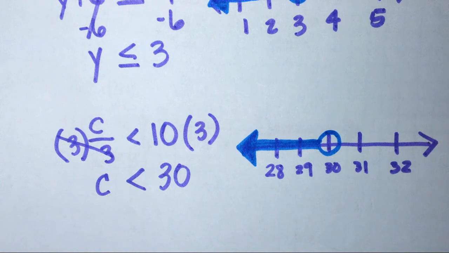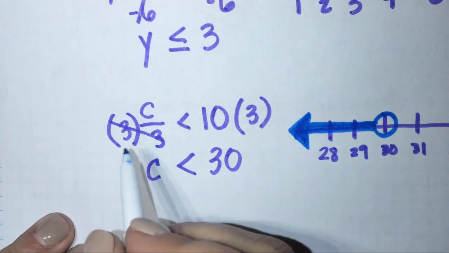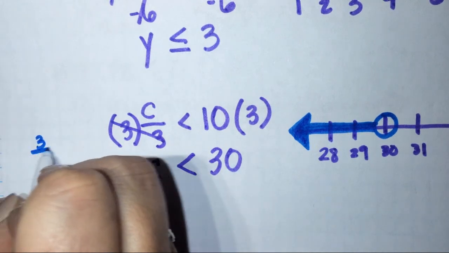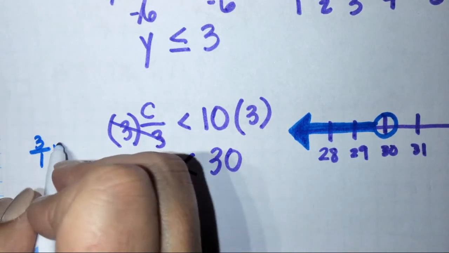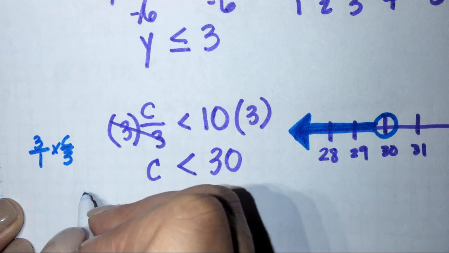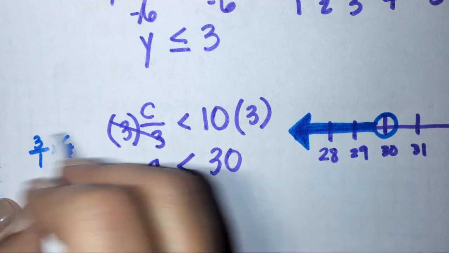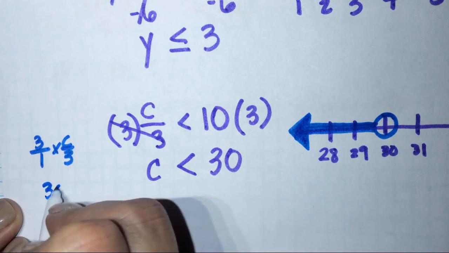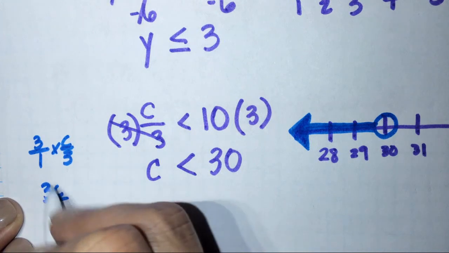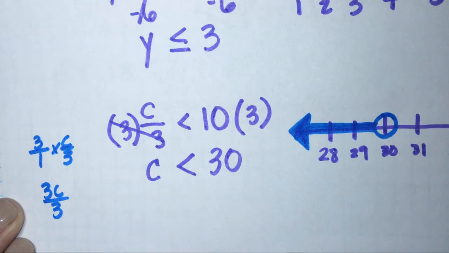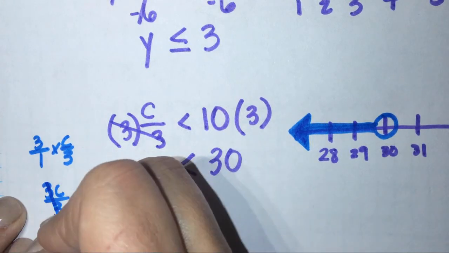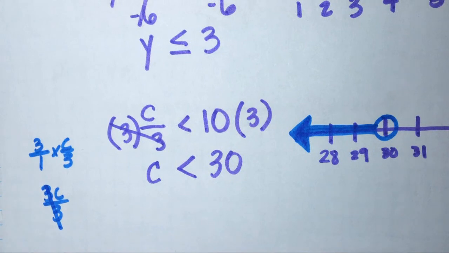And so what's happening right here, if we look at this problem, this really is the same as 3 over 1 times C over 3. Well, remember, with multiplication of fractions, I multiply straight across. So 3C over 3, and what's 3 over 3 equal to? 1, and 1 times C is C. So that's how they actually cancel themselves out.